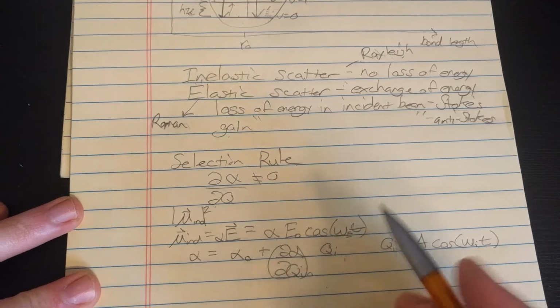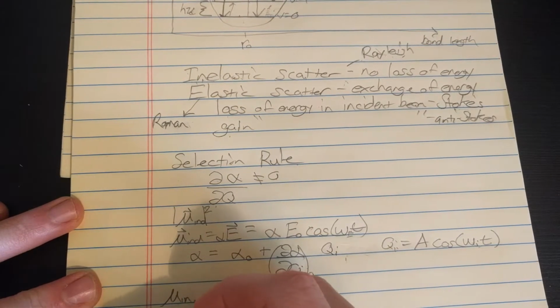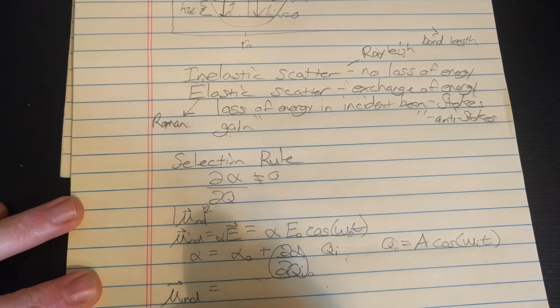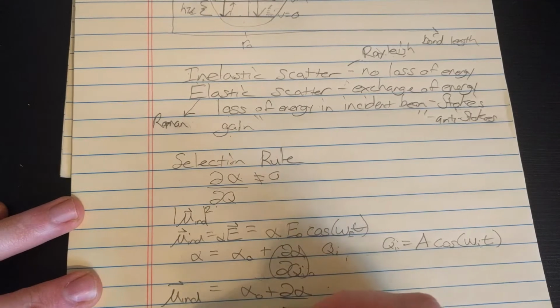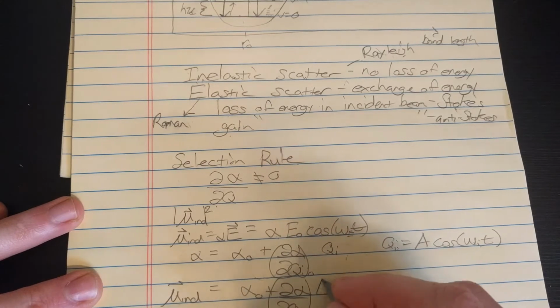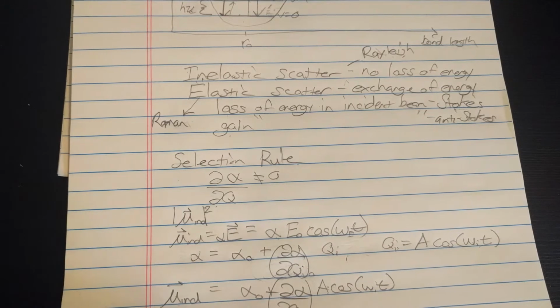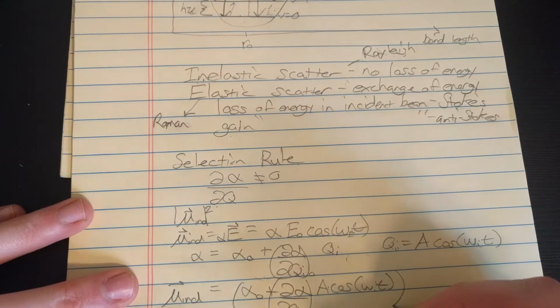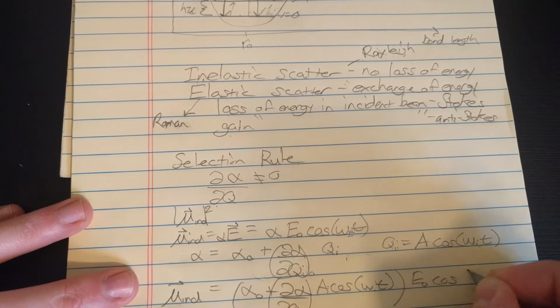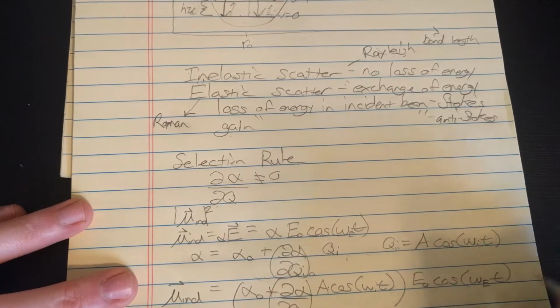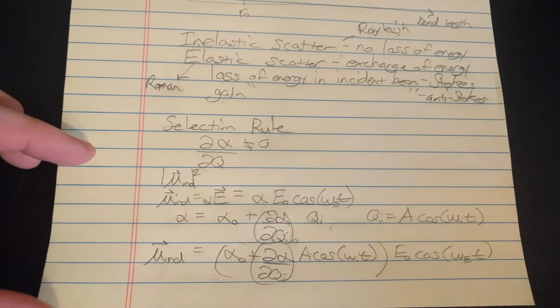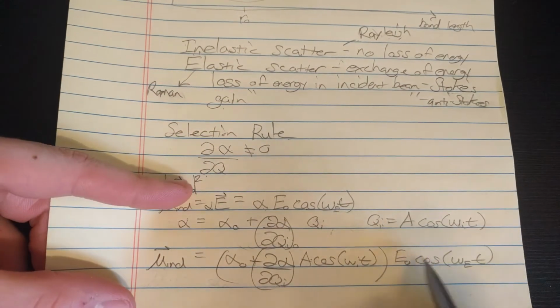And so if we plug this back in here, we get this: alpha naught plus d alpha dq i times a cosine omega i t, times E naught cosine omega E t. And we can distribute this.